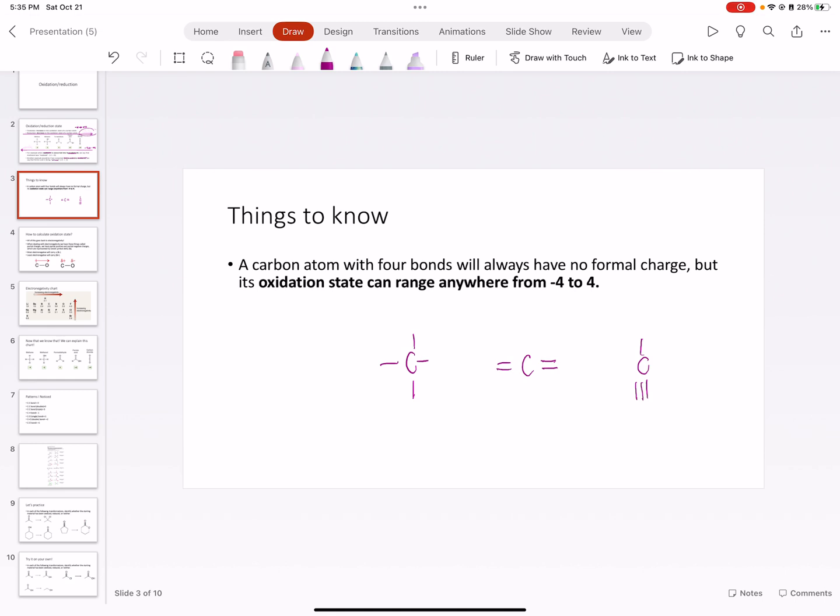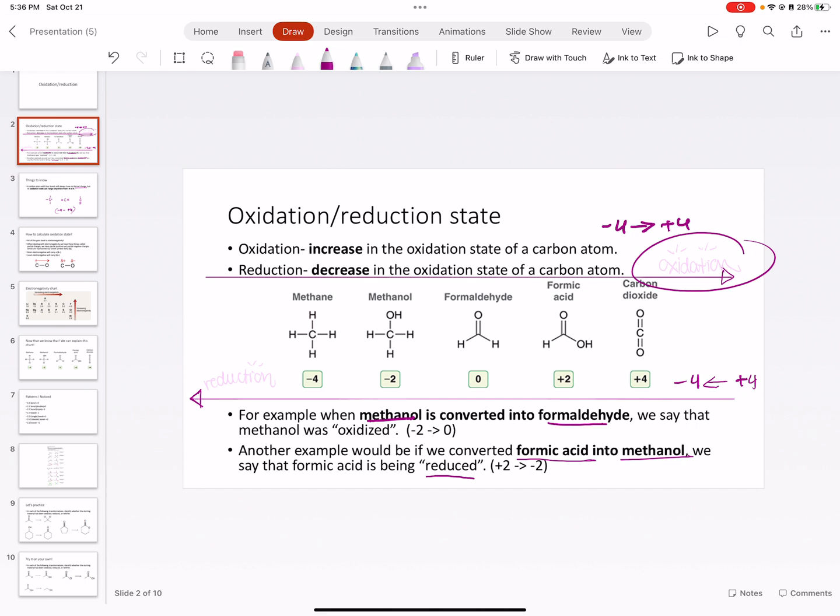It doesn't lack a bond, so it doesn't have any formal charges. But its oxidation state can range from -4 to +4, just like we saw here. So the most oxidized state is going to be carbon dioxide, while the most reduced state will be methane.